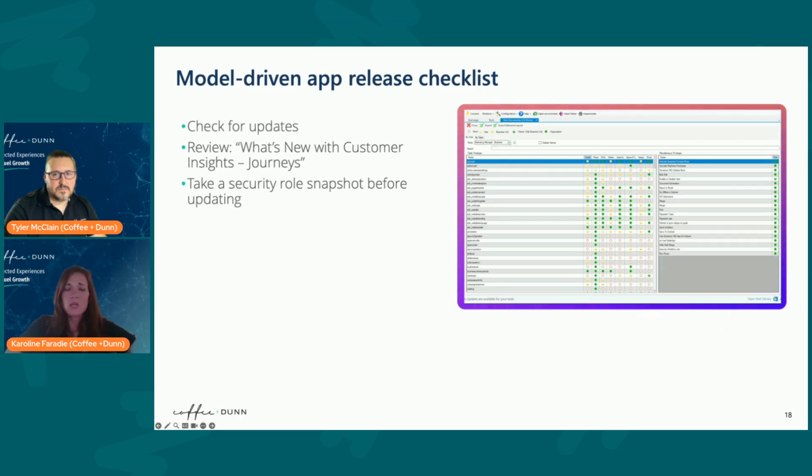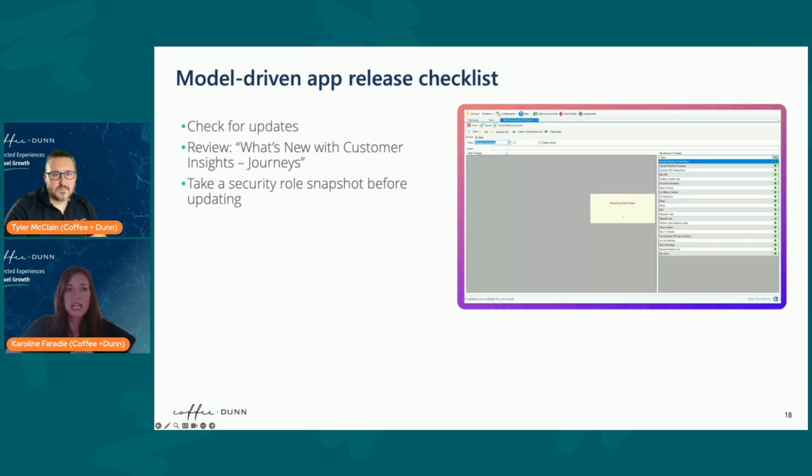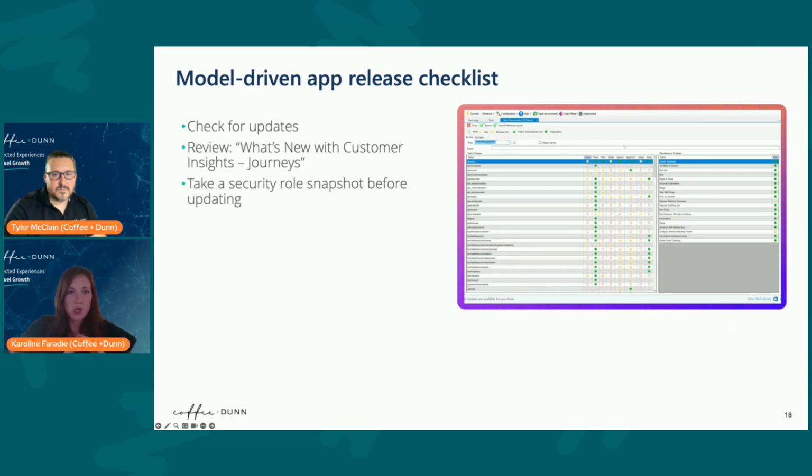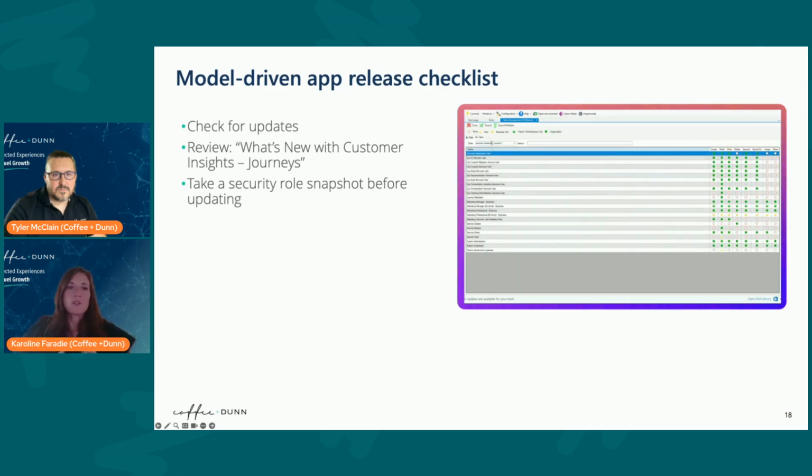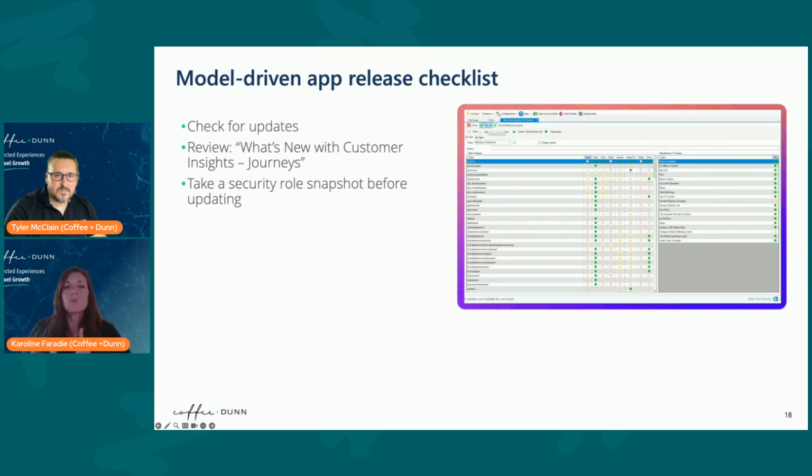The next thing we do before we actually push a release is we take a snapshot of the security roles before we do any updates. One of the tools that we really like is within the XRM Toolbox. It's called the Role Documenter. This really allows you to get a good Excel export of your roles before, and we do that for out-of-box roles and the custom security roles that we create for clients and ourselves.